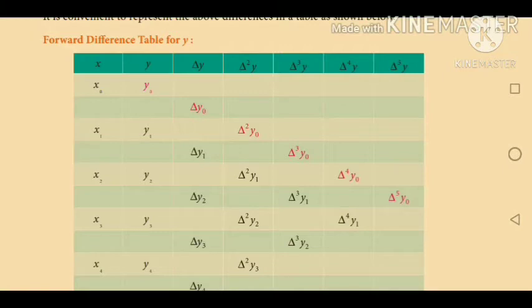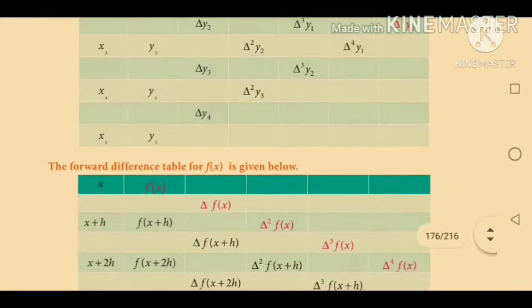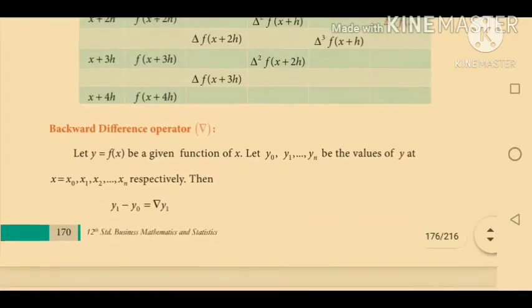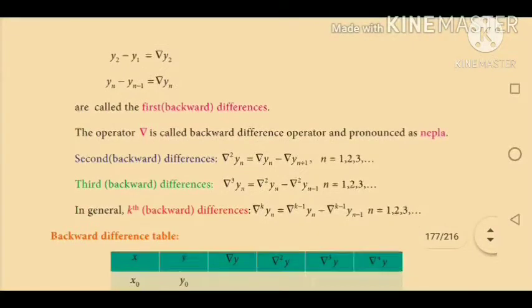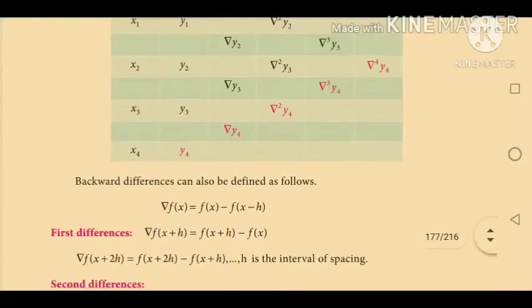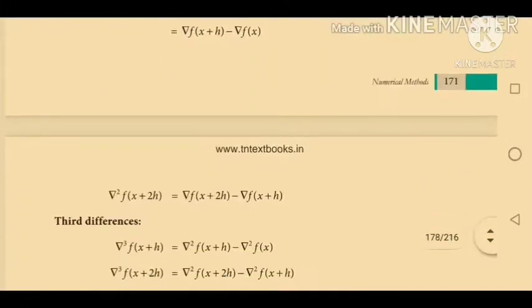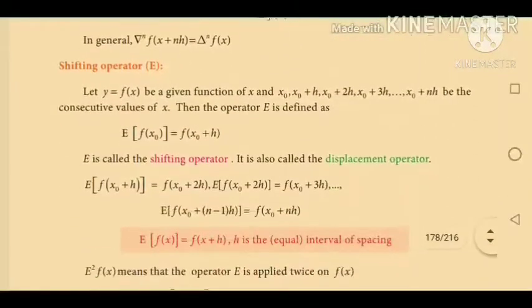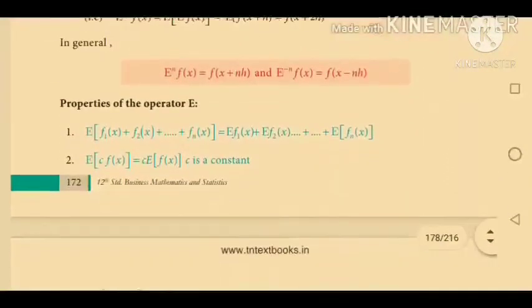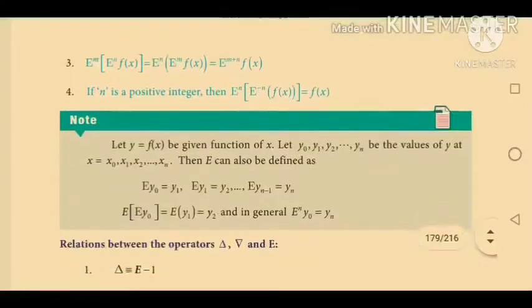Likewise delta y1 is found from y2 minus y1. Then delta square y0 is formed by subtracting delta y0 from delta y1. By this way we are finding the solution for the sums using the forward method. Let us go to some example sums, which explain how to solve the problem.